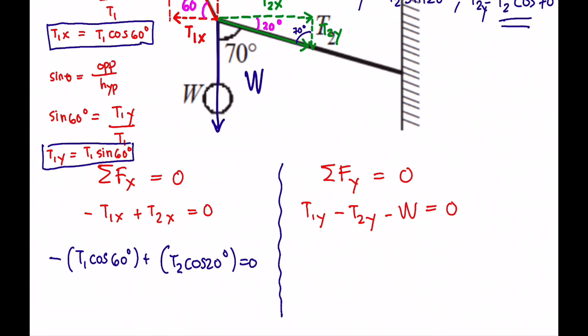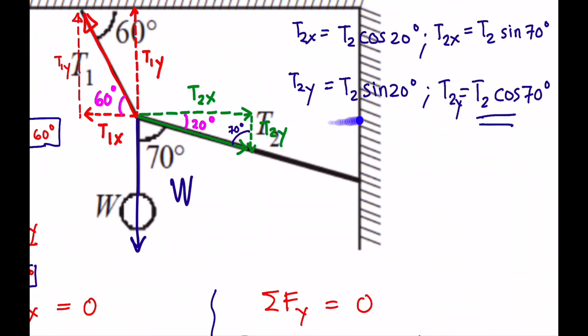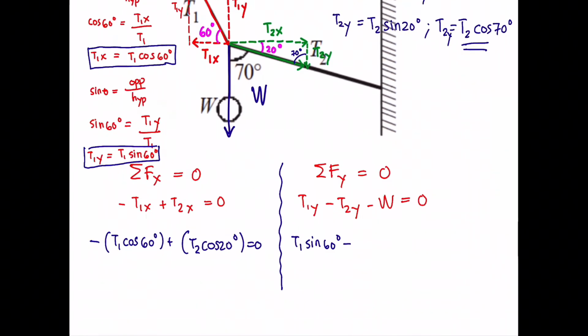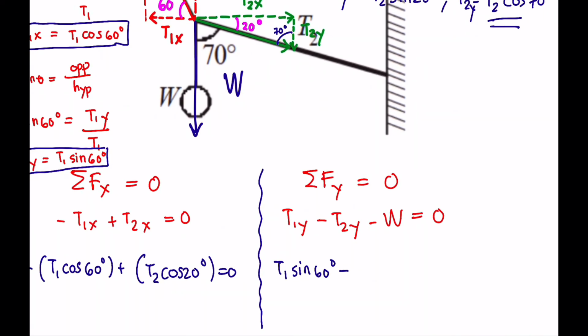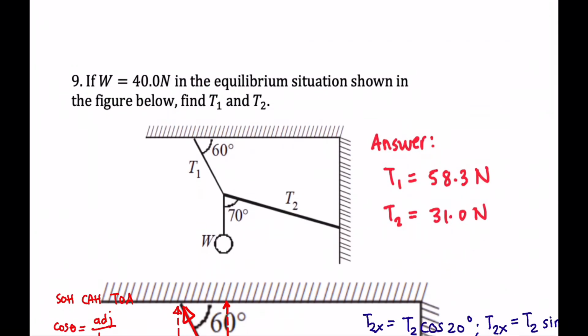For the y-axis, so we have T1y, so that's going to be T1 sine of 60 degrees minus T2y. So I'll use this value, T2y, T2 sine of 20 degrees. But again, you could also use T2 cosine of 70, it doesn't actually matter. T2 sine of 20 degrees minus, we are given the weight to be 40 newtons.